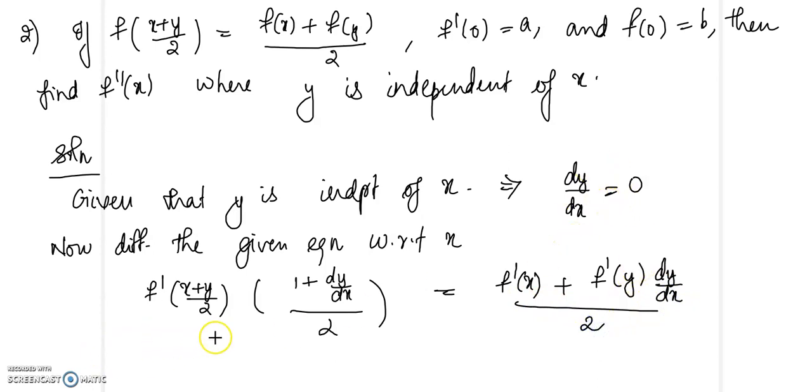Now dy by dx is 0, so 2 will cancel off here, so f dash of (x plus y) by 2 will be equal to f dash of x. So we will get this equation.